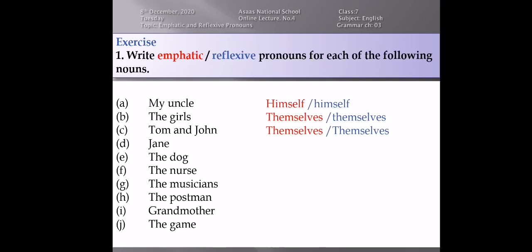She's a girl, so she will be the pronoun. The dog, it. The nurse. Which pronoun will you use for the nurse? The musicians, the postman, grandmother, the game. Which pronoun will you use for them? Use the reflexive or emphatic pronouns according to the pronoun that you can use for these nouns.